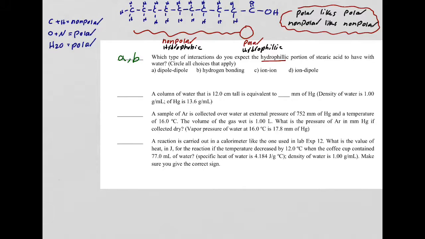A column of water that is 12 centimeters tall is equivalent to how many millimeters of mercury? This is a gases portion of the lab. Remember we talked about this briefly for our exam 3.